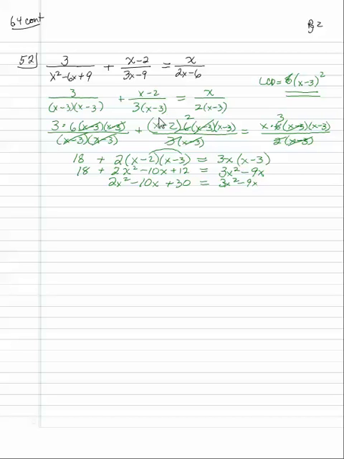Okay, let's get it equal to 0. I'm going to move everything, well, it doesn't matter. I'm going to subtract 3x squared, add 9x. So I got negative x squared minus x plus 30 equals 0. Factor out the negative 1.